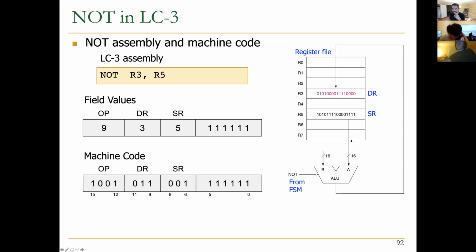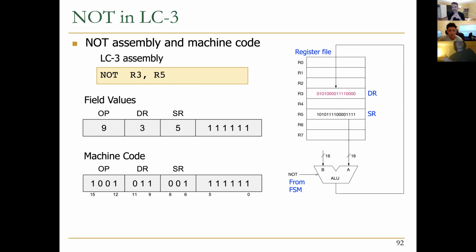So your ALU takes the source operand and does the bitwise NOT on this source operand, and you put it here in the destination register, which happens to be R3, which is encoded in the instruction.